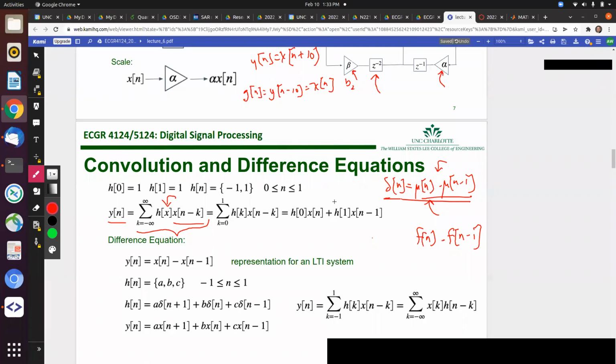In the simplest circumstance, it's a finite impulse response system, in which case y is a function of only x's. So in this particular case, we let it be finite impulse response. There are two values that h takes on, -1 and 1. It takes on the value -1 at 0, and it takes on the value 1 at 1.